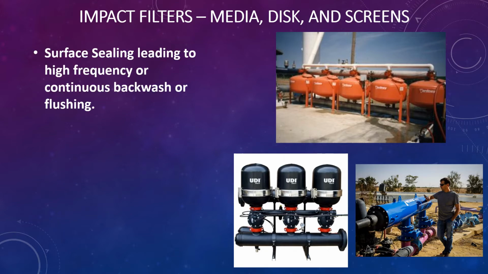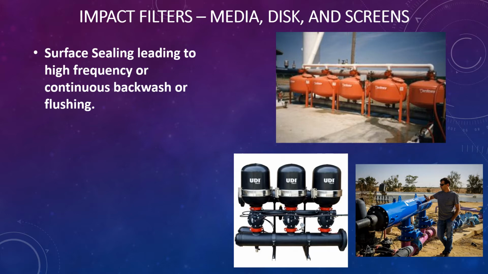So from a high level, surface sealing in sand media filters is always an issue, and that seems to be the predominant choice for irrigation. But whether you're using screens, as we see here, or disc filters, if you've got a high load of sand and silt, not only will it damage some of these mechanical type filtrations significantly, but if you've got a high level of silt, it overloads the filters, as we'll see when we take a deep dive into sand media filters.